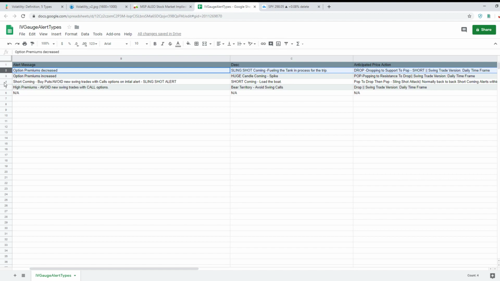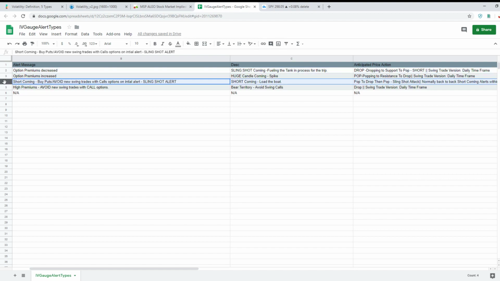This is a little different. On the first initial alert, normally the anticipated price action here is pop to drop, then pop. Okay? And that's a slingshot attack.